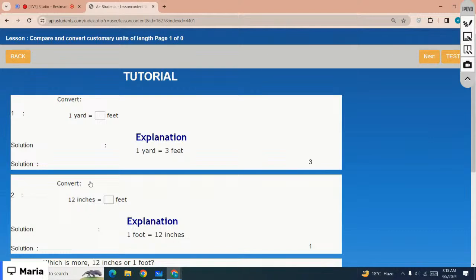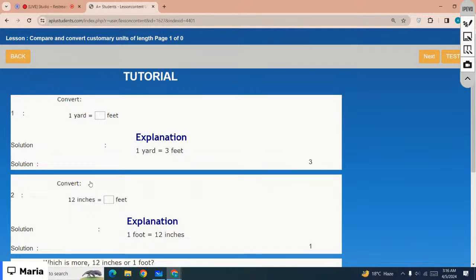They are very helpful, right? That is 1 yard equals 3 feet, right?